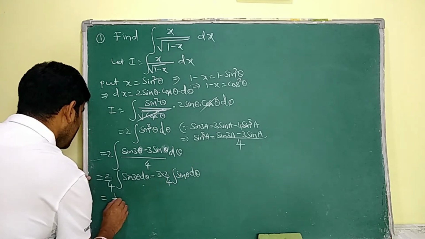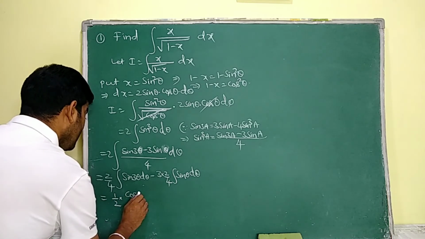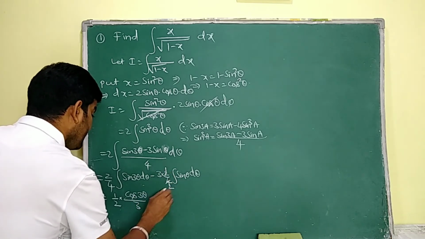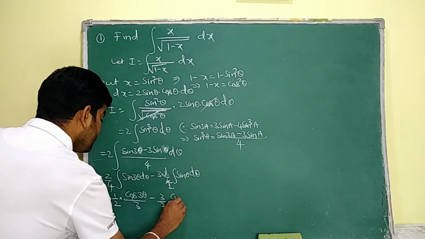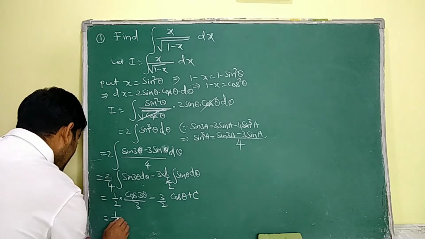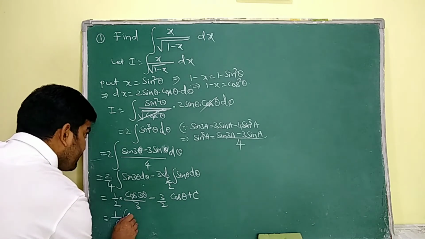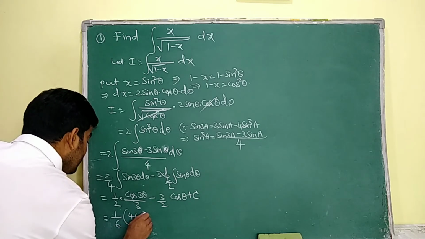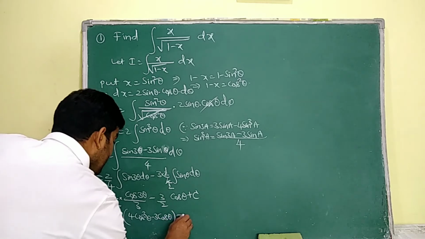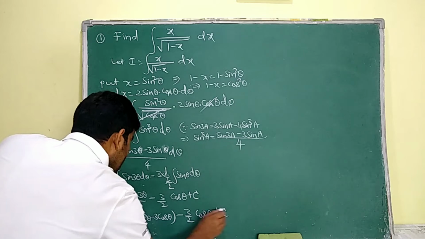And this can be expressed as 1/2 into the integral of sine theta, which we know is cos theta by 3, minus 3/2 into cos theta, plus c. And this can be expressed as 1/6 into cos 3 theta, that is 4 cos cube theta minus 3 cos theta, minus 3/2 into cos theta, plus c.